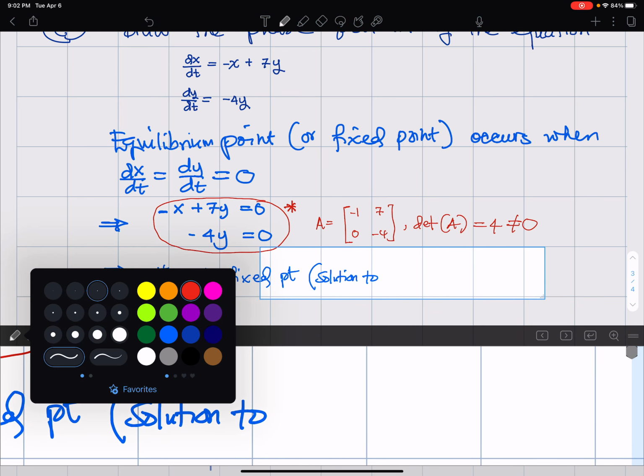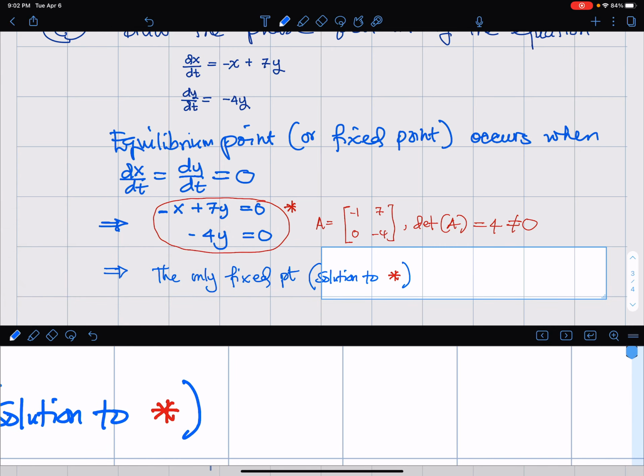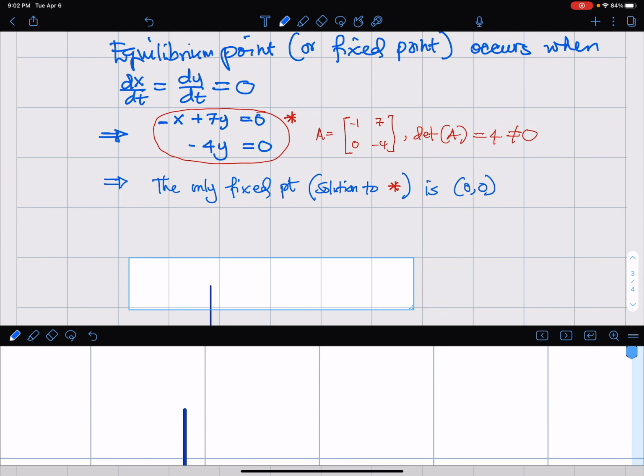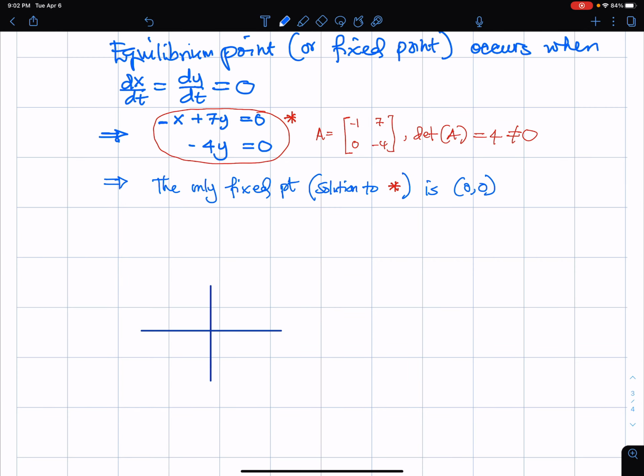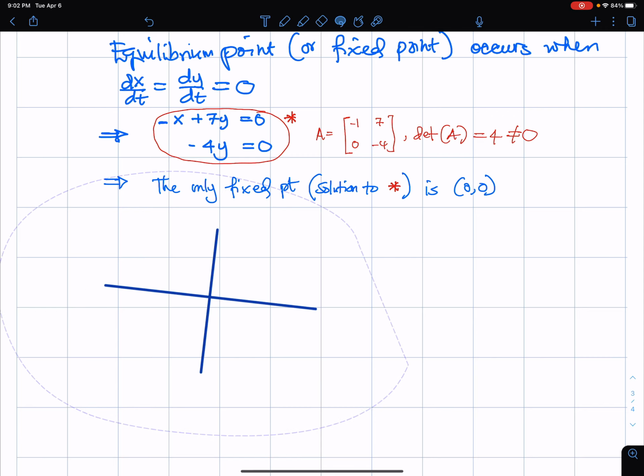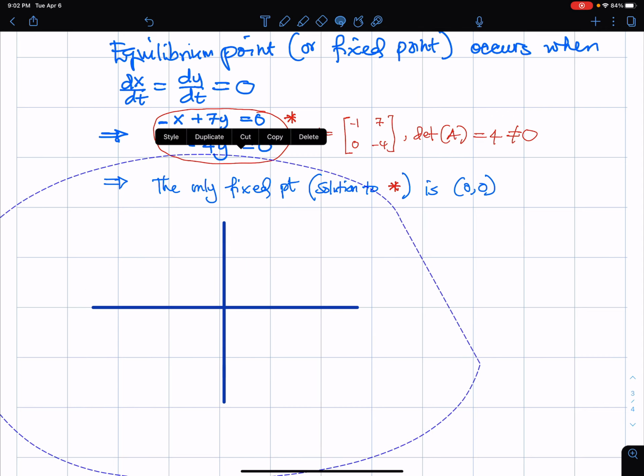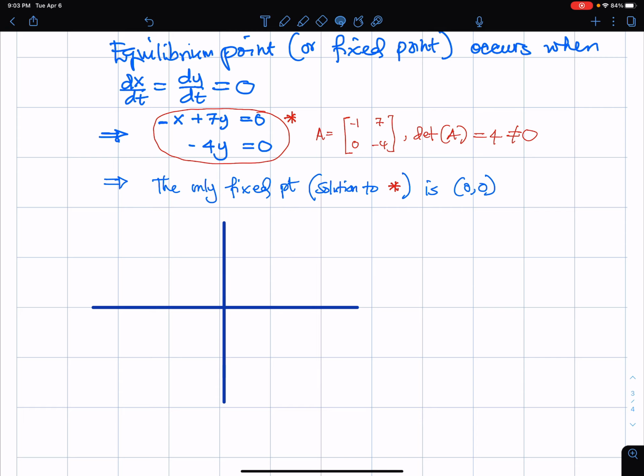The solution to asterisk over here is 0, 0, because the determinant is not equal to 0. All right, so we expect our fixed point to be 0, 0.